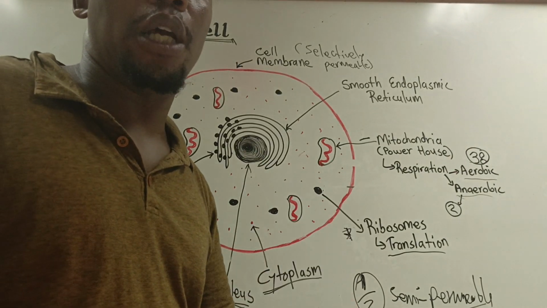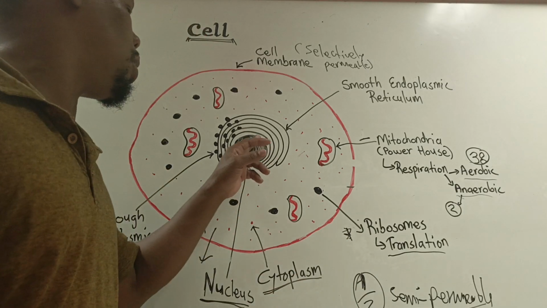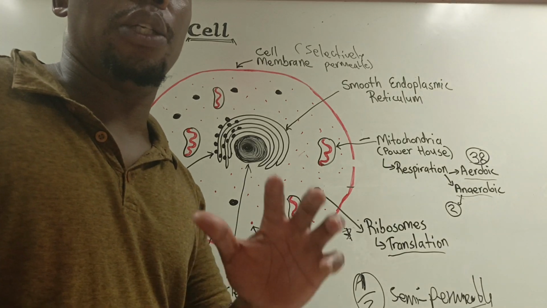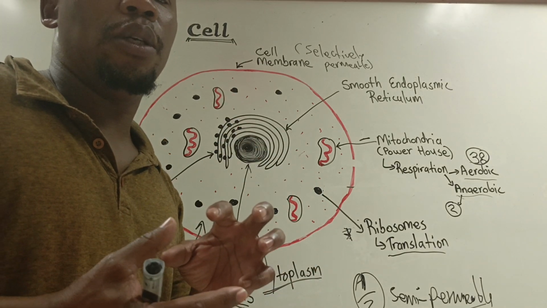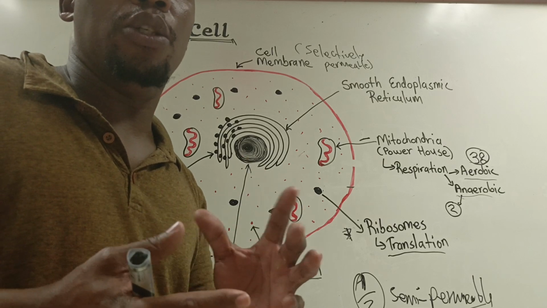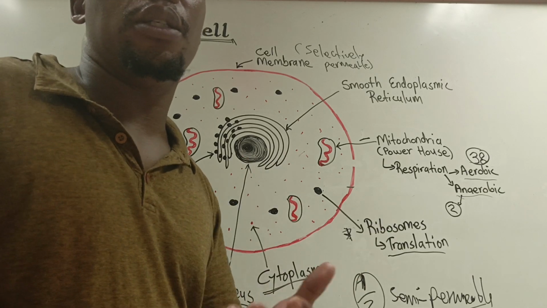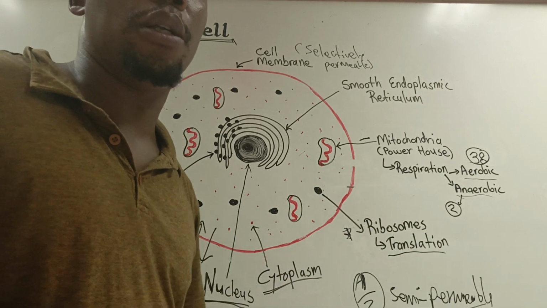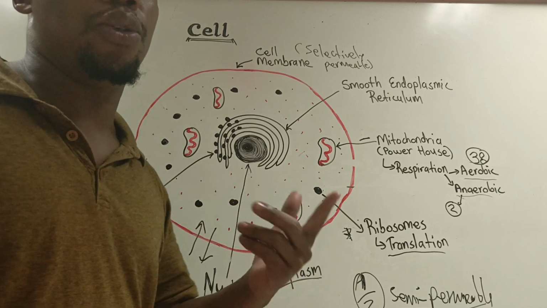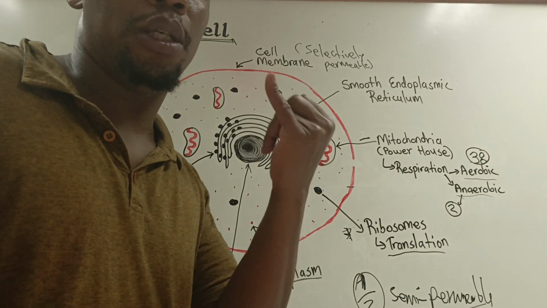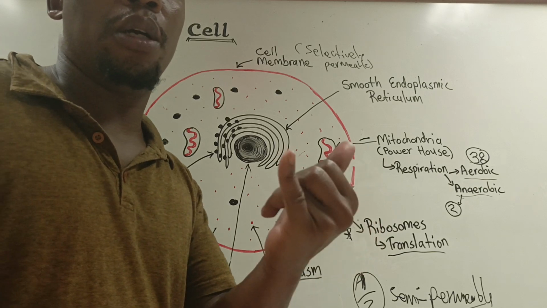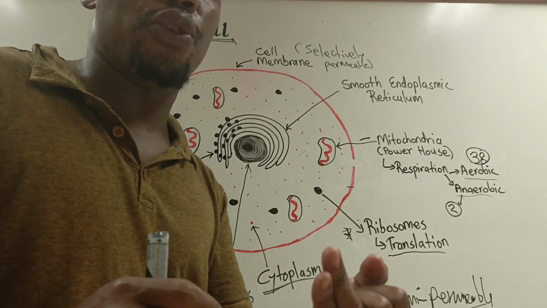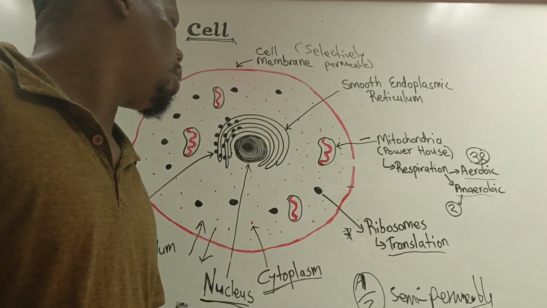So all the information about your life is stored in the nucleus. And the nucleus, because it has got information about you, is going to control all activities taking place in the cell. You cannot control anything if you don't have information. The two things that you need to know about the nucleus: it has the hereditary information about you, and as a result, it is going to control all activities taking place within the cell.